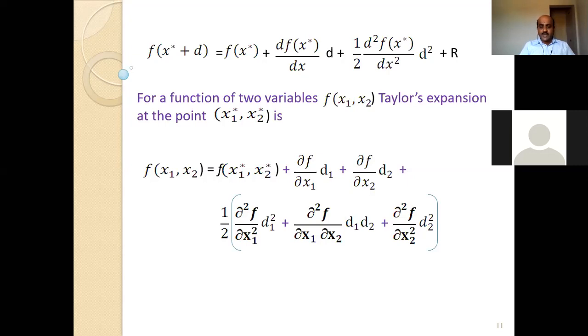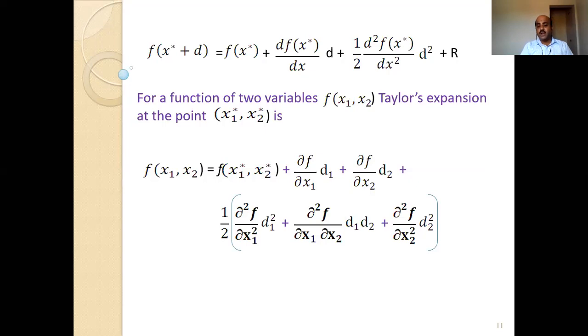So Taylor's expansion will become f of x1 comma x2 on the LHS, which is equal to, let's make a note of all these equations properly, don't make mistakes here. f of x1 star comma x2 star plus partial differentiation of f with respect to x1 times d1 plus partial differentiation of f with respect to x2 times d2 plus.